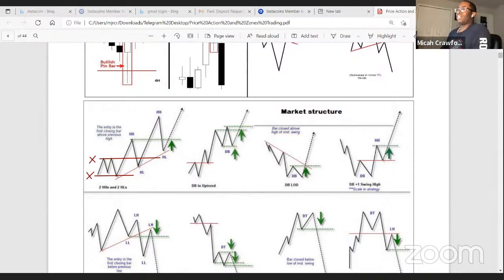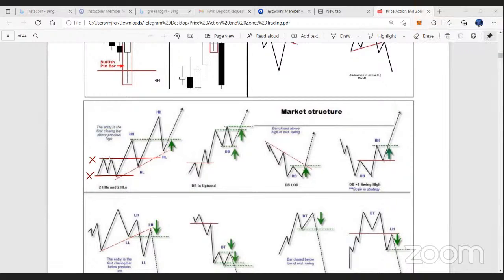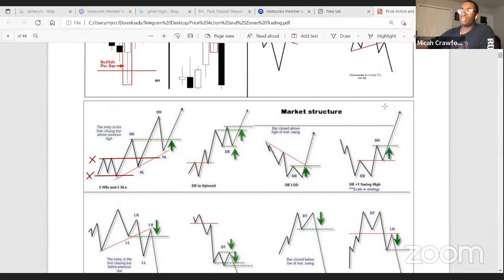Very good, Ms. Nikki. That is consolidation. What was created? Well, we saw 2 highs as well as 2 lows. Did the market break out above or below, Ms. Nikki? It broke out above. There we go.